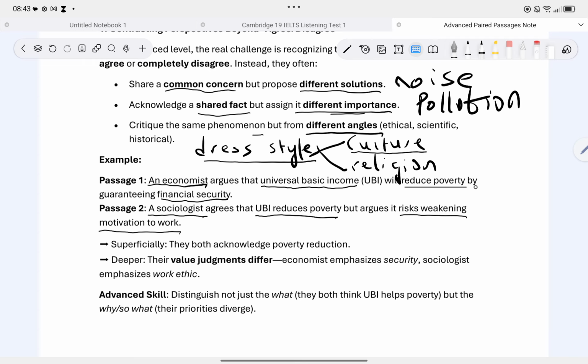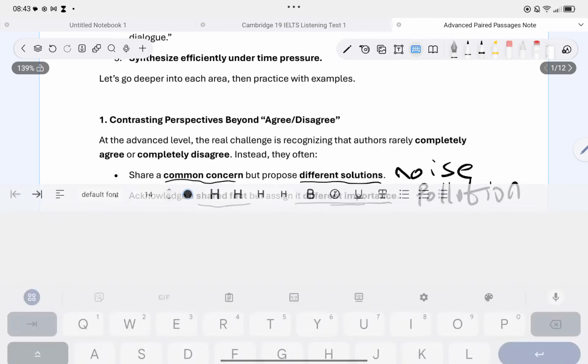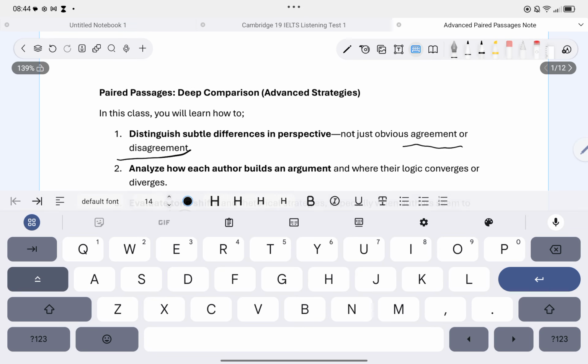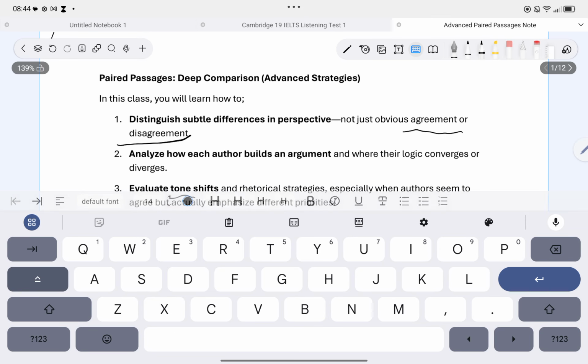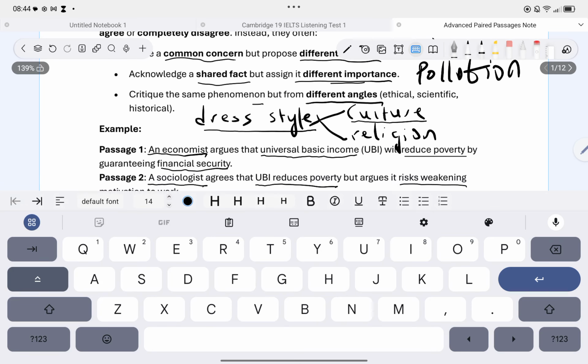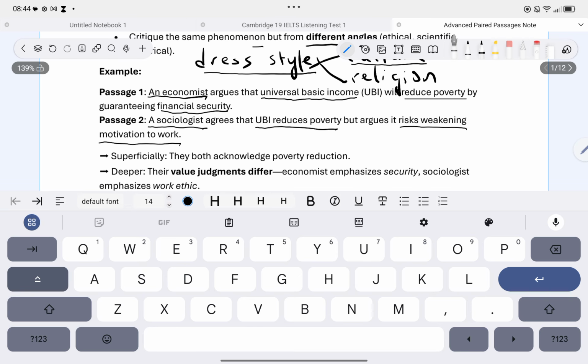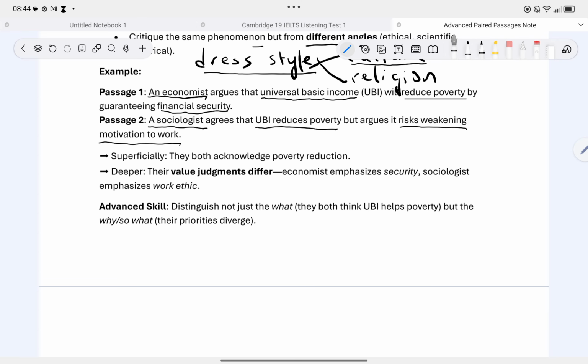One sees it as a solution, the other sees it as a solution with a clause attached to it.